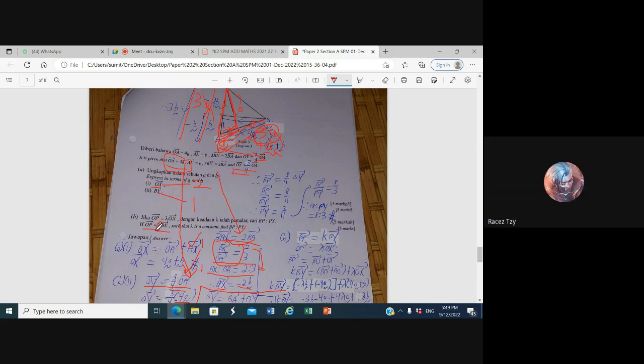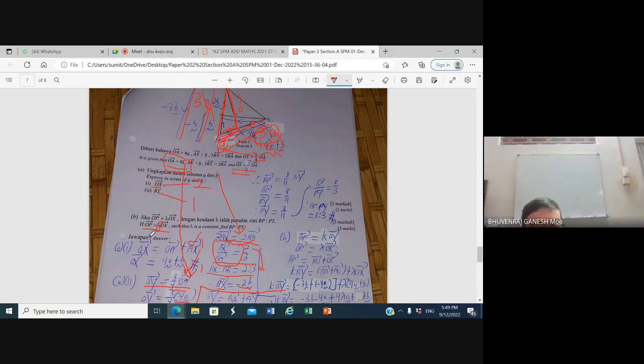Parallel. Yeah, parallel vectors. The form is A equals lambda B, right? So you can compare with this. It's the same form. It means the A and B, they just replace with a vector OP like this. They're the same thing.